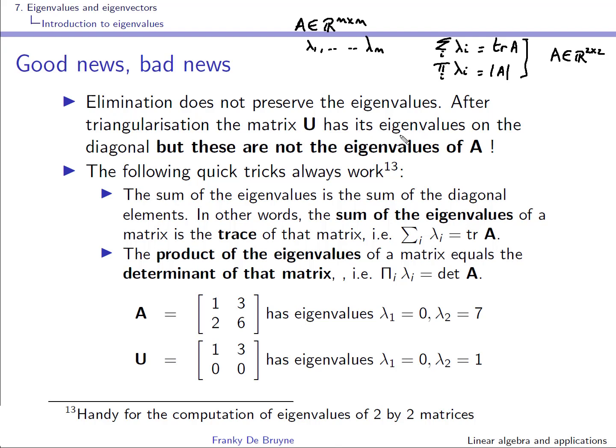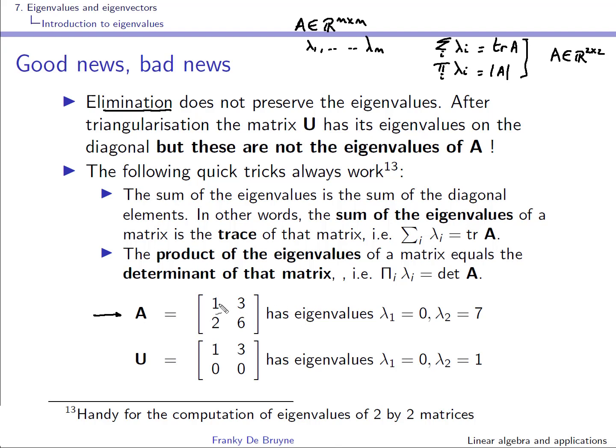So let's talk a little bit about elimination, and I want to tell you that eigenvalues are not preserved when you do elimination. Let's do a simple example. Let's take this matrix here. It's very easy to obtain the eigenvalues.